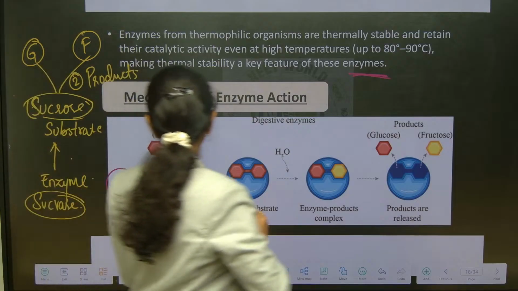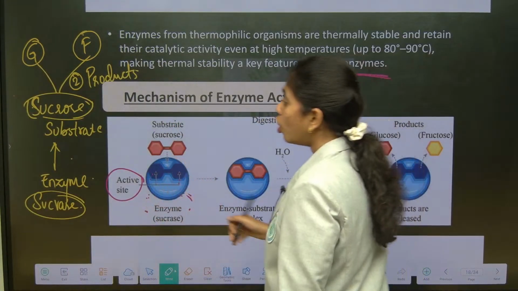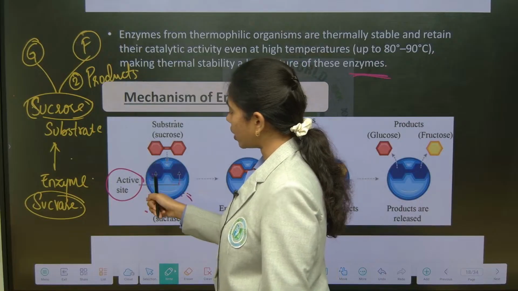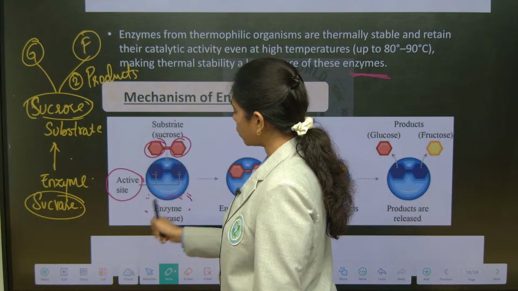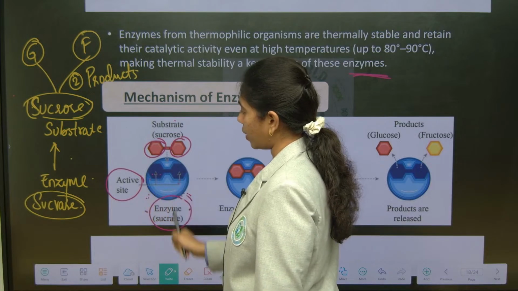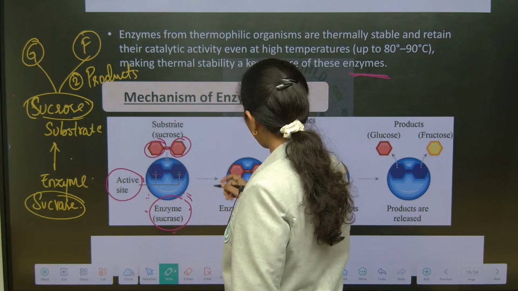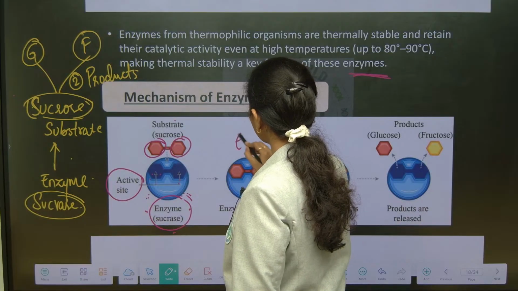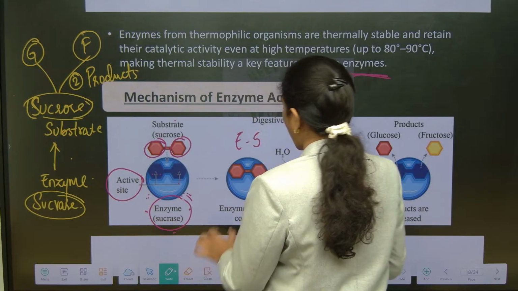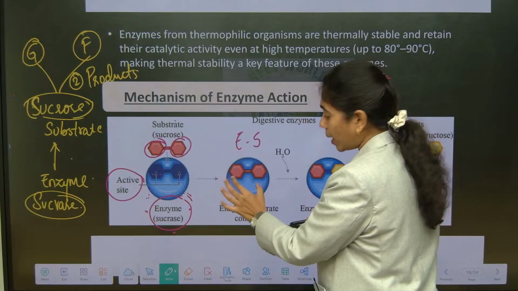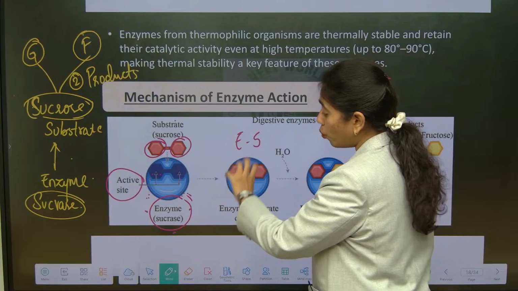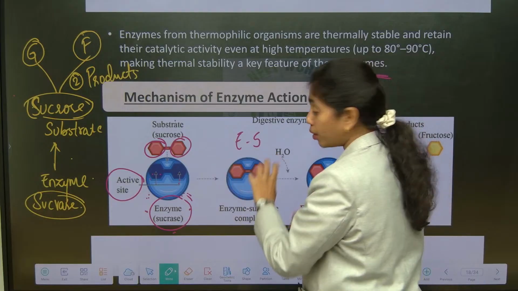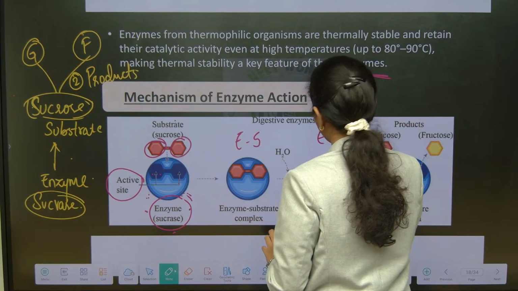Fine, right? Enzyme is having what? Active sites. To these active sites, the substrate will come and bind. Sucrose is the substrate which is coming and binding to the active site of the enzyme, sucrase. Now, this forms an enzyme substrate complex, where enzymes will work on the substrate vigorously and convert it into enzyme product complex.